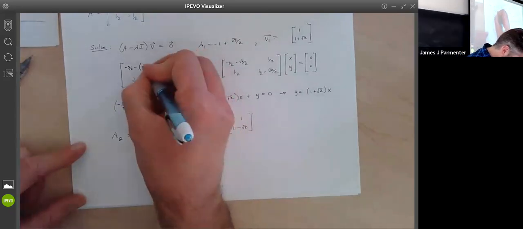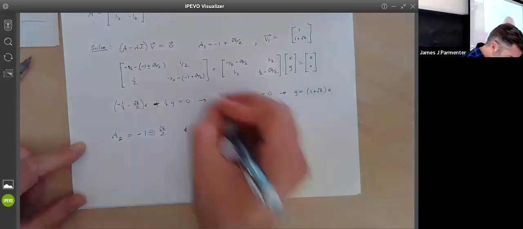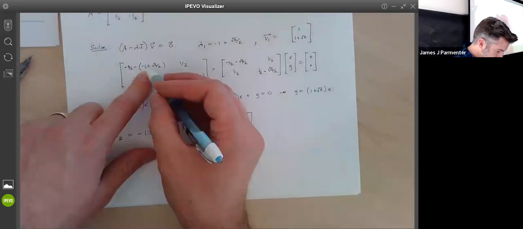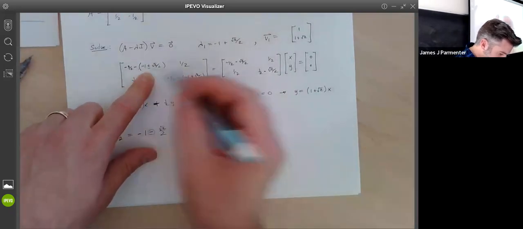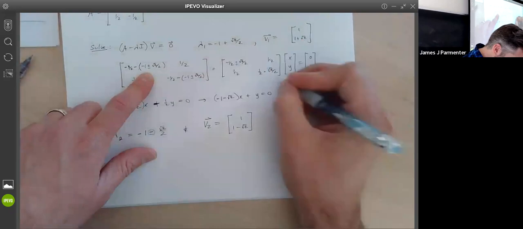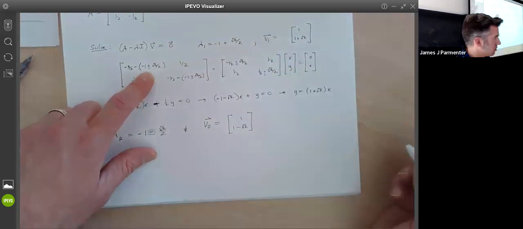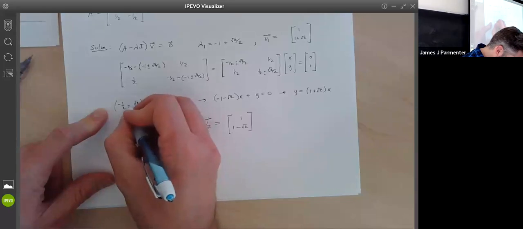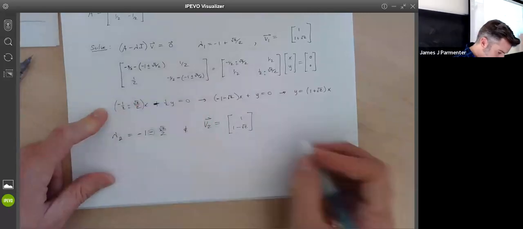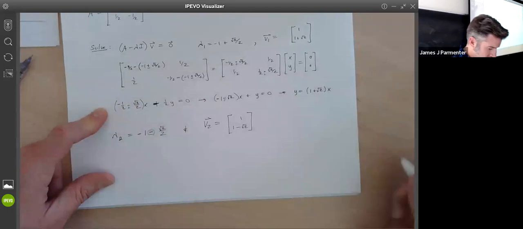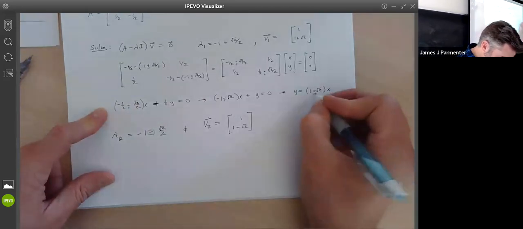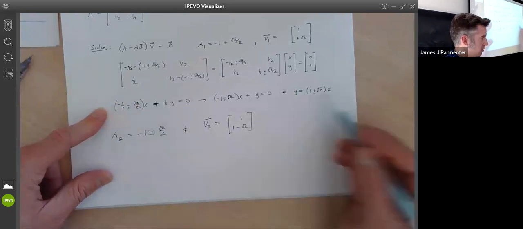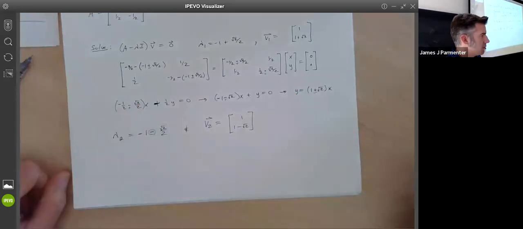So that would have been a minus sign, and that would have been a minus sign, which means then this would have been plus root 2 over 2, and that would have been plus root 2 over 2. And then in this equation, I would have had a plus root 2 over 2. And then that would have been a plus root 2. And then that would have been a minus root 2. And so if x is 1, y is going to be 1 minus root 2. Oh yeah, it works out.